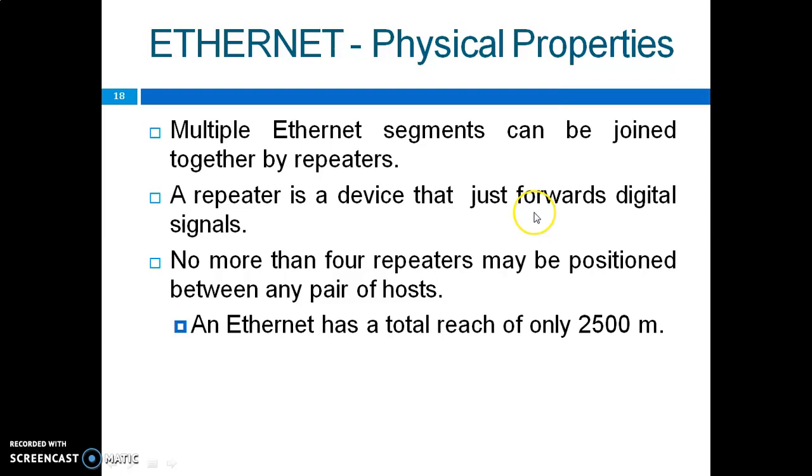The responsibility or objective of a repeater is just forwarding the digital signals, right? One restriction in the usage of repeaters is that you should not use more than 4 repeaters between a pair of hosts. This is the limitation, and an Ethernet has a total reach of only 2500 meters.